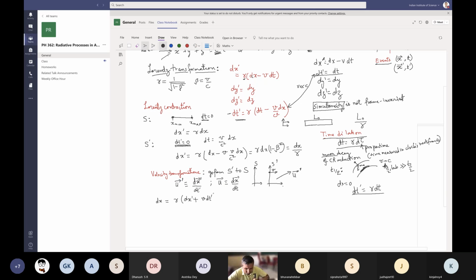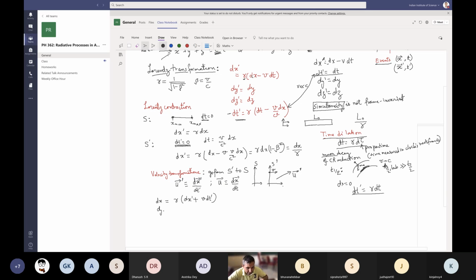All you do is change v to minus v, and you get equations that tell you how coordinates transform from the primed frame to the unprimed lab frame.